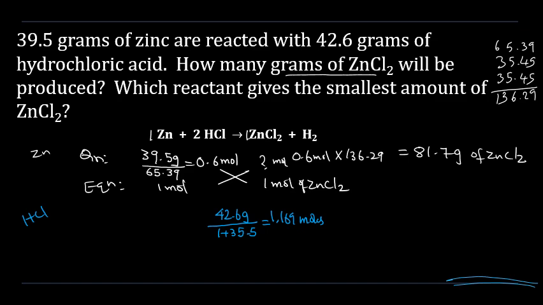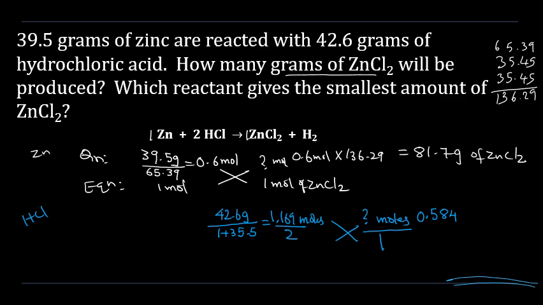moles. And from the equation I can see that there are 2 moles of HCl, and I will find how many moles of ZnCl2, and from the equation I see that 1 mole of ZnCl2, and then cross multiply I will have 0.584 moles of ZnCl2.